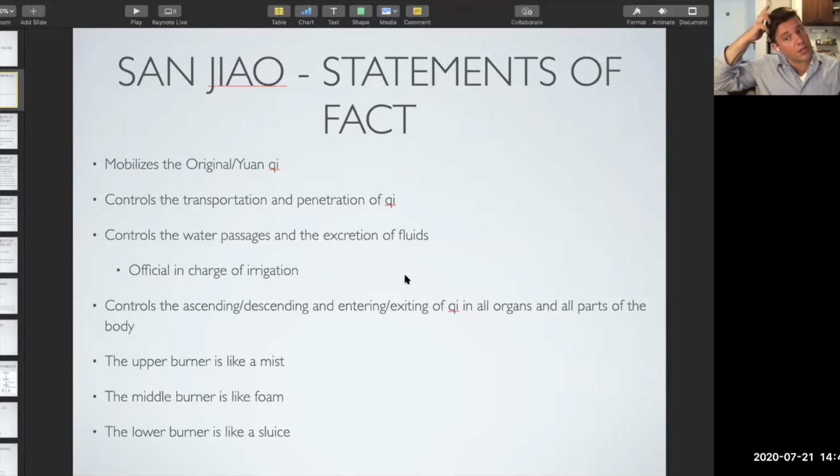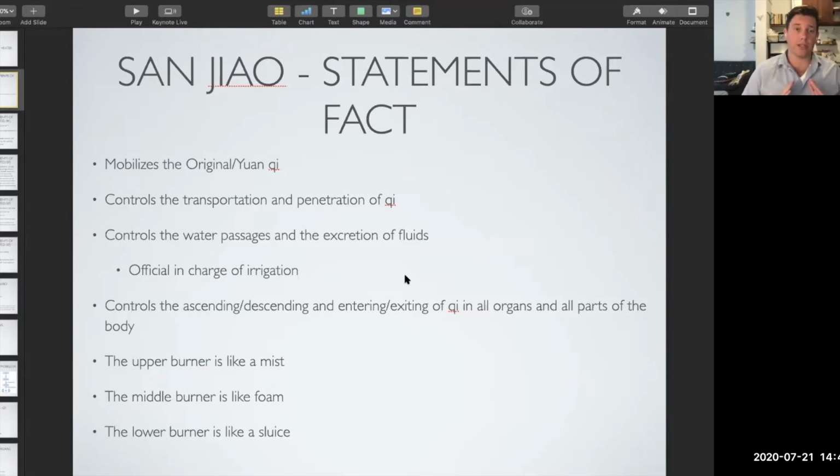Entering and exiting of qi in all organs, all parts of the body. At night, when a yin deficient patient has night sweats, that's because the yang energy can't be brought into the person's body, right? That entering that isn't happening is not happening through the San Jiao.